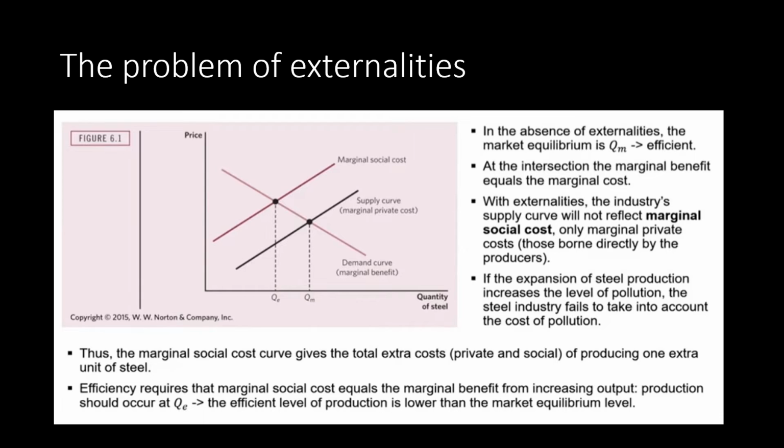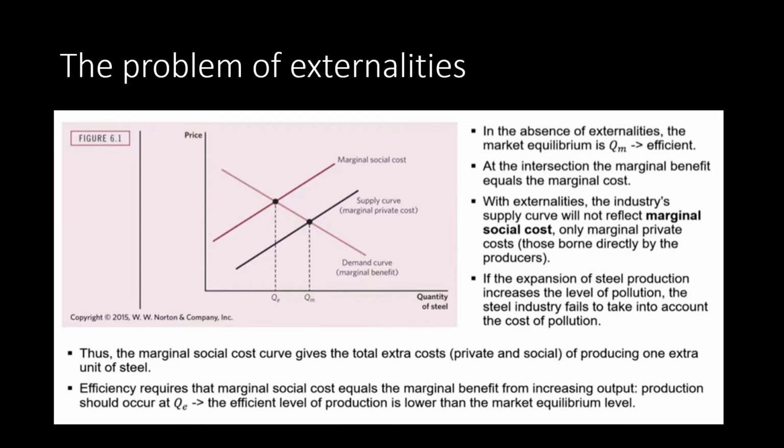The next scenario is if the expansion of steel production increases the level of pollution, the steel industry fails to take into account the cost of pollution. Thus, the marginal social cost curve gives the total extra costs, both the private and the social costs of producing one extra unit of steel.